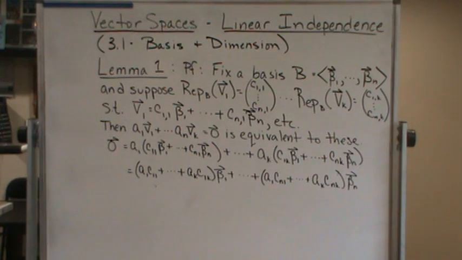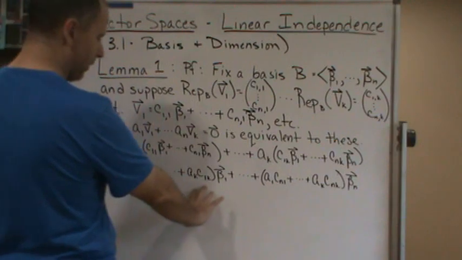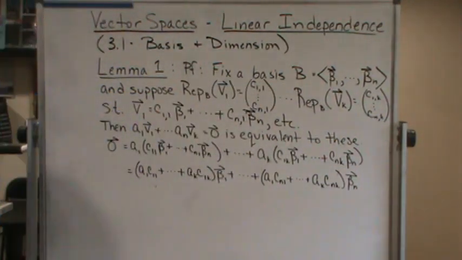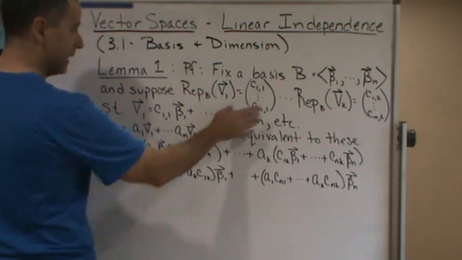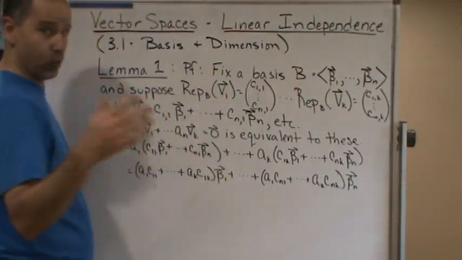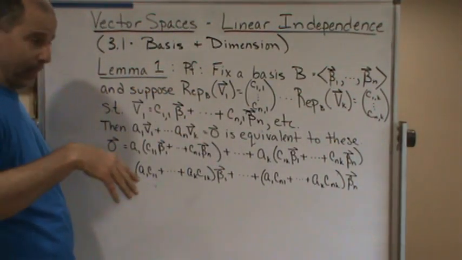Okay, so now we look at this and we see that the zero vector here is just a linear combination of the betas from the basis. And so obviously that equation is going to be true if the coefficients are zero, because this is a basis. And what's one of the properties from the definition of a basis?